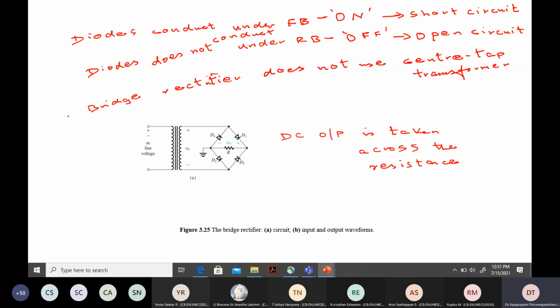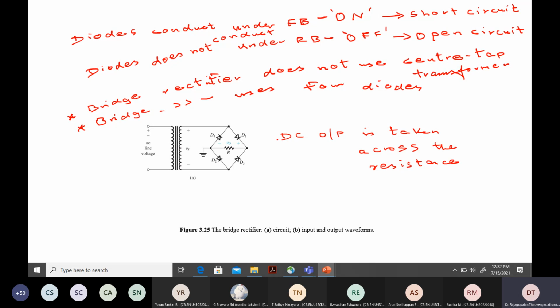The second difference that you see here is that bridge rectifier uses 4 diodes. We'll come to the advantage and disadvantage resulting from this.